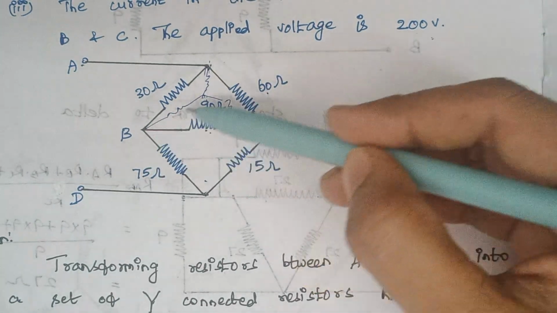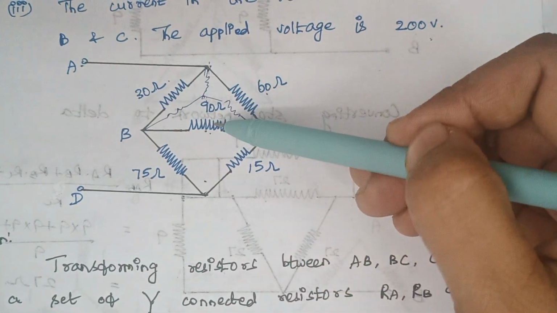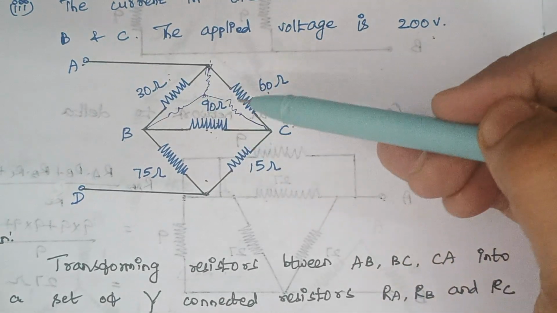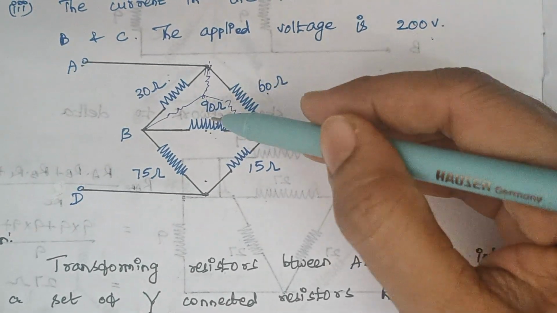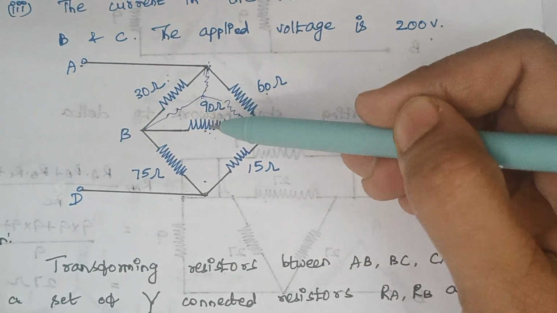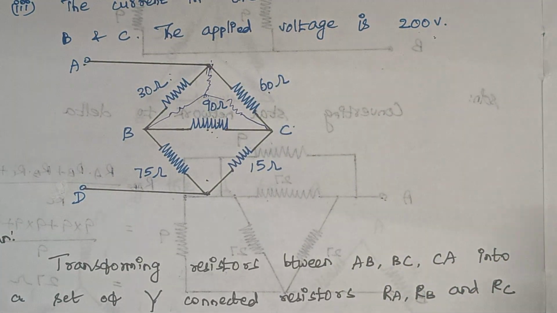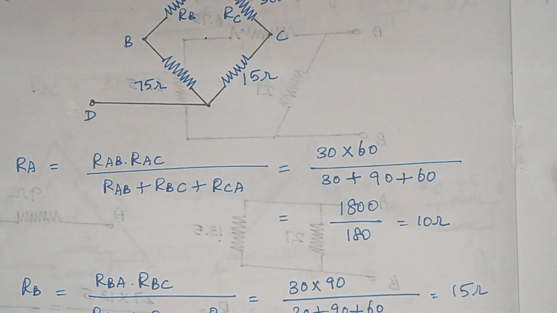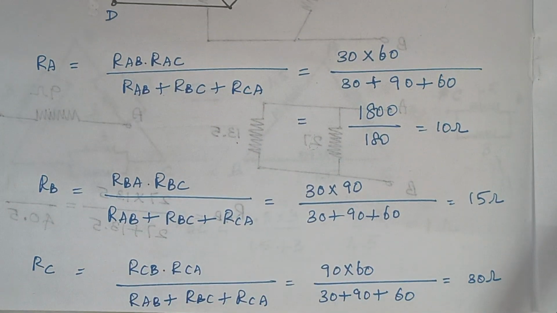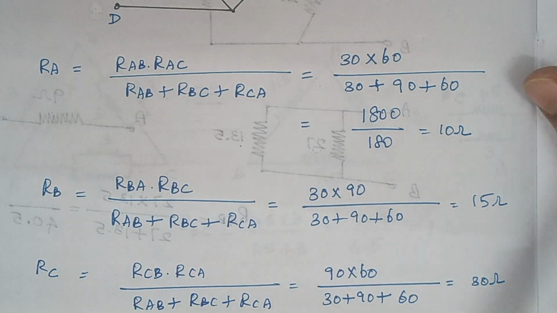If you need RB, 30 into 90 divided by 30 plus 90 plus 60. Similarly, if you need RC, 60 into 90 divided by 30 plus 90 plus 60. By using this formula, you calculate the values of all three resistors RA, RB and RC.